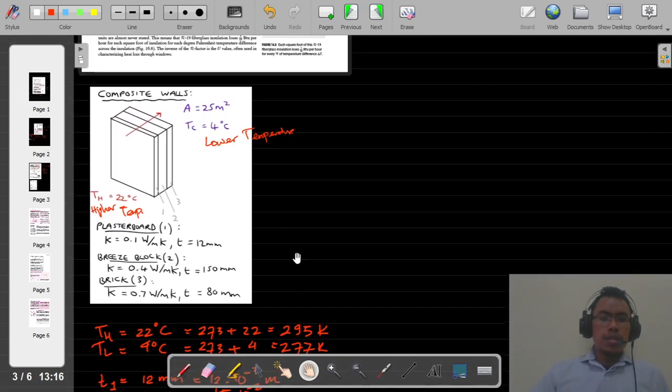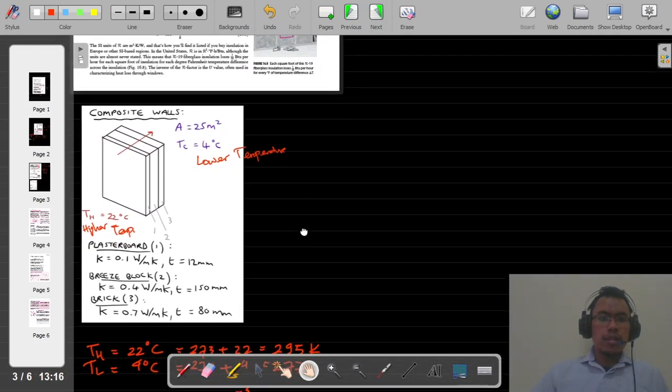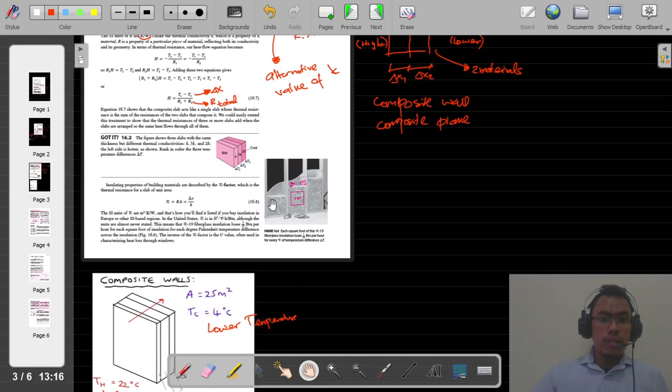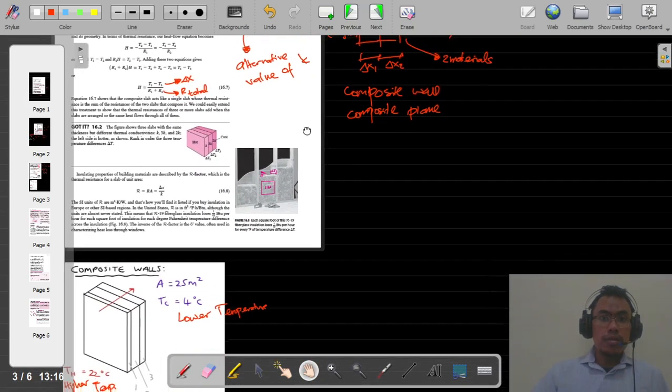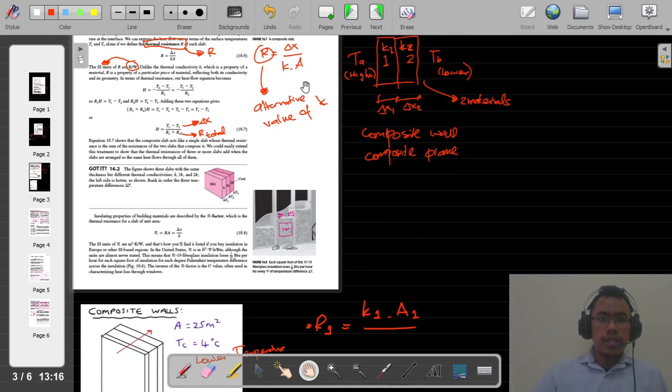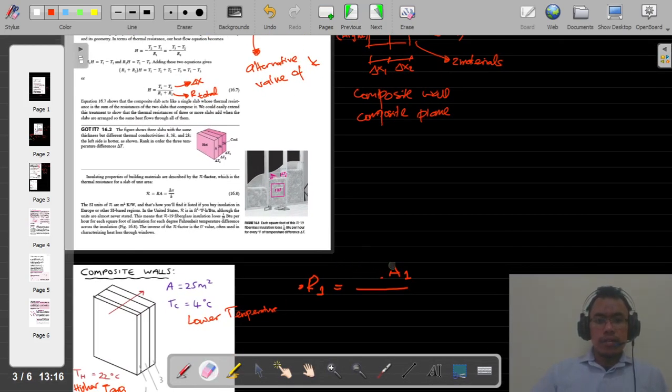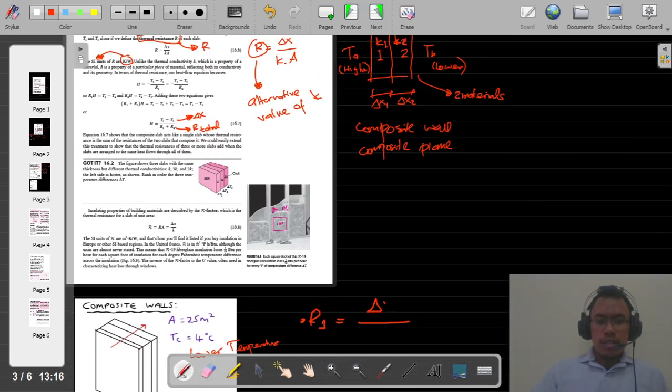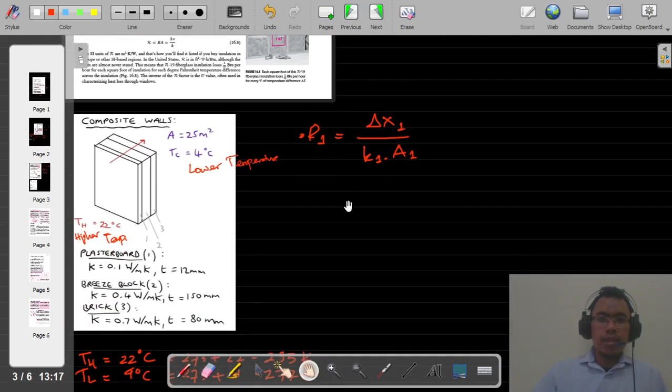Okay, now we find the R value. R1 is, oh, I'm sorry. So the formula of R is delta x1 divided by K1 times A1.